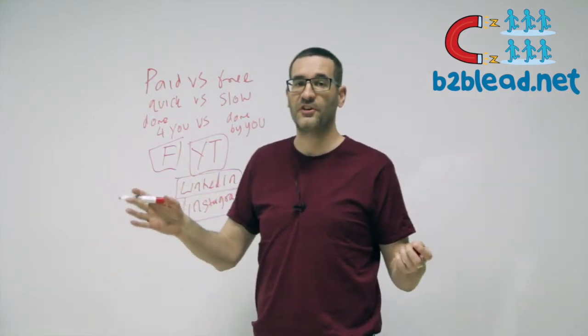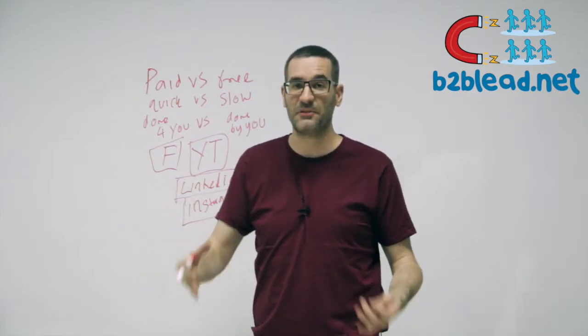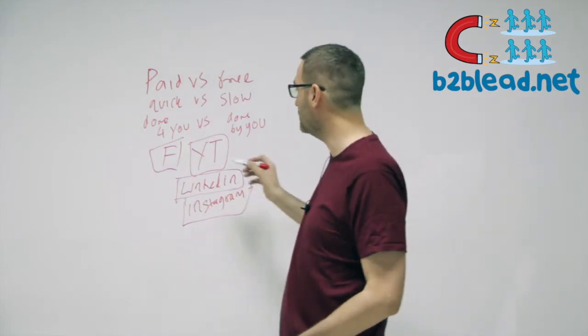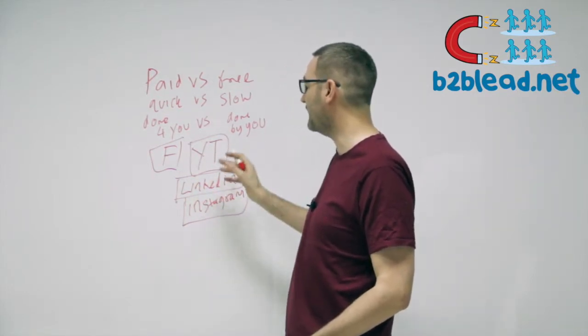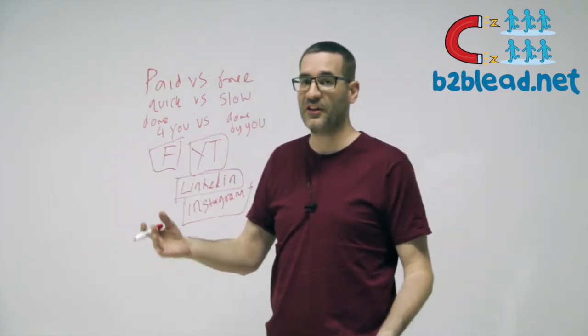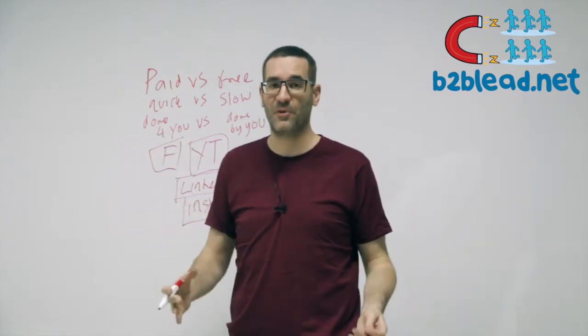When it comes to advertising and paid marketing, the main types you're going to have are Facebook ads, YouTube ads, maybe Google ads, and then mixed in with all of that, of course, you've got content marketing.